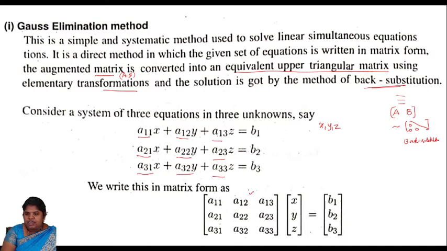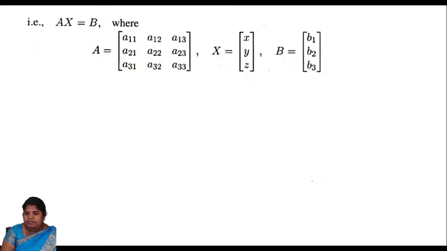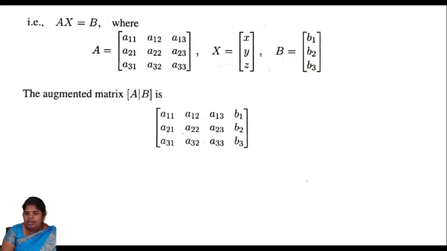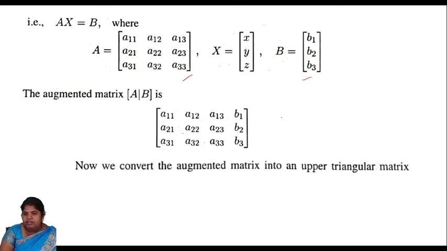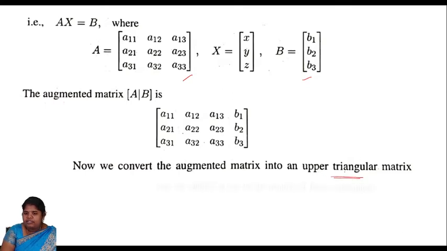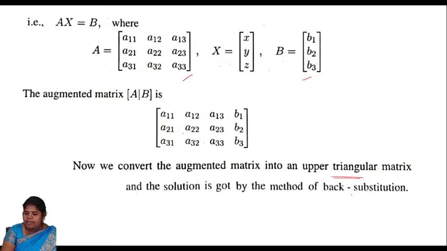The unknowns form the variable matrix, and the constants b1, b2, b3 form the constant matrix. So this is our A, this is x and this is B. Now Ax equal to B. The augmented matrix is the combination of A and B. Now we convert the augmented matrix into an upper triangular matrix and the solution is obtained by back substitution. I will explain what back substitution is while solving the problem.